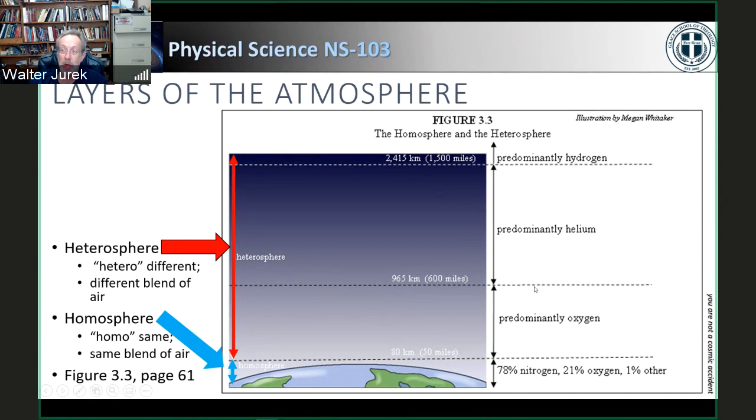There's a chunk that's predominantly helium. And then everything above that is predominantly hydrogen. So within the homosphere, everything is this nice 78% nitrogen, 21% oxygen, 1% other. You go above that, and then you've got chunks that are distinct and different from each other.